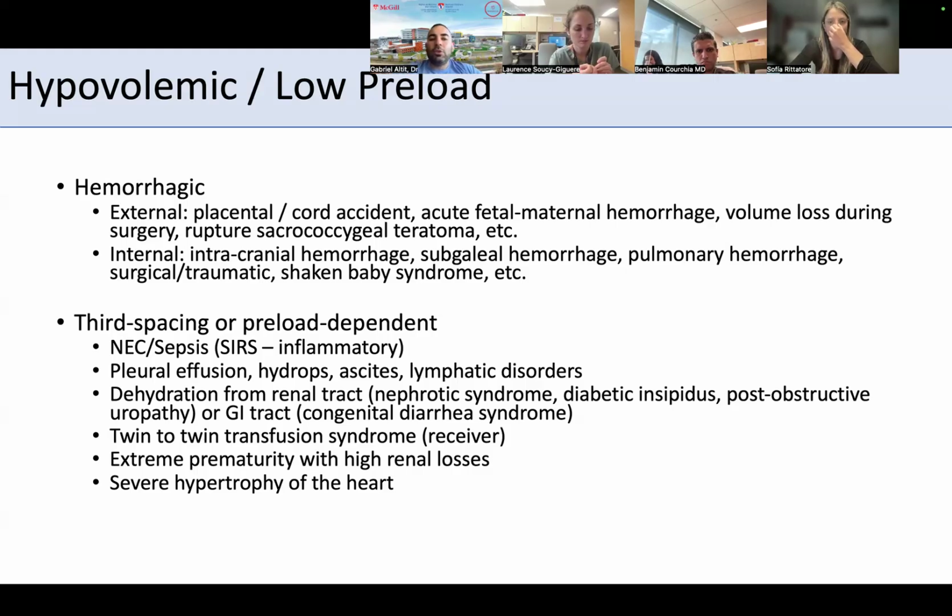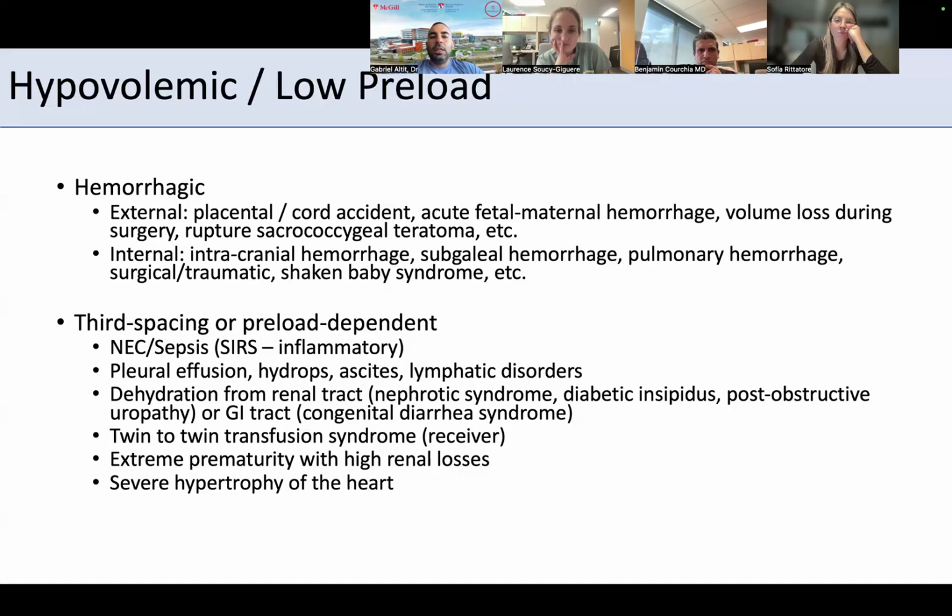You could have external hemorrhages, placental, cord accident, acute fetal maternal hemorrhage. Always think about that. The first hemoglobin in many of these patients will not necessarily be reliable, because if it's very acute, they're not going to have time to hemodilute. So you need to trend your hemoglobin and understand if there's been an event of hemorrhage.